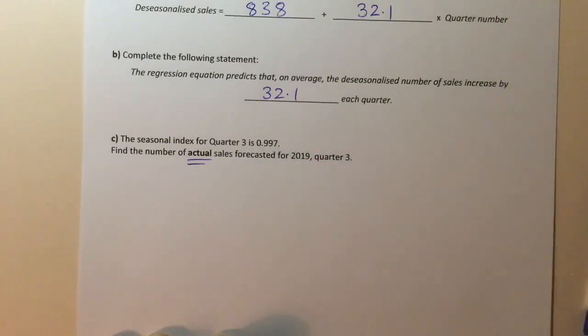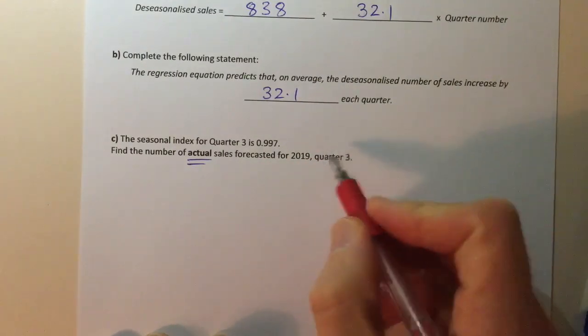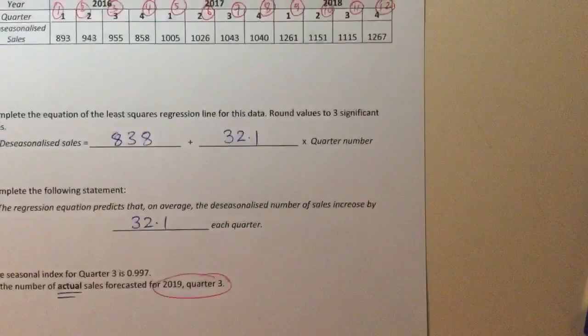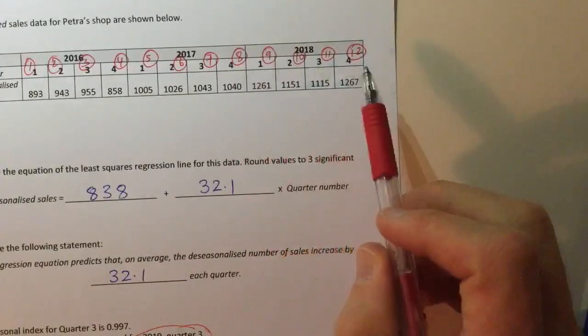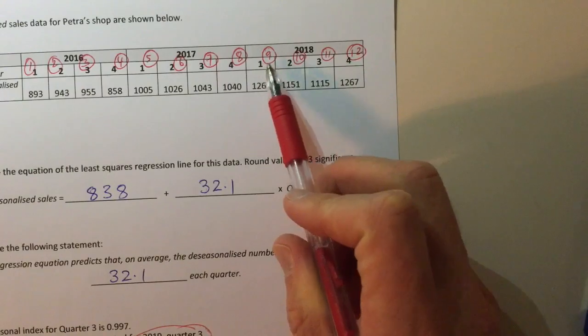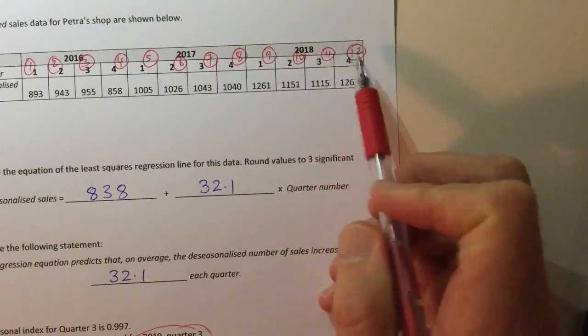But before we get to that, we need to think about how I can get a prediction for 2019 quarter 3. Now, our quarters have gone up to 12 so far, so 2018 quarter 1, 2, 3, 4 were actually our time periods 9, 10, 11, and 12.